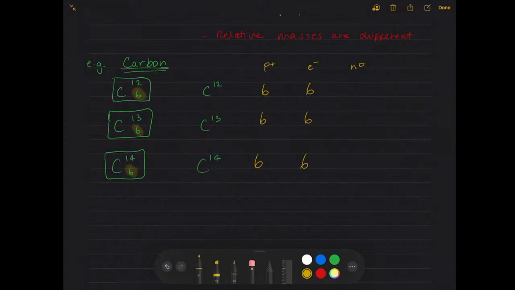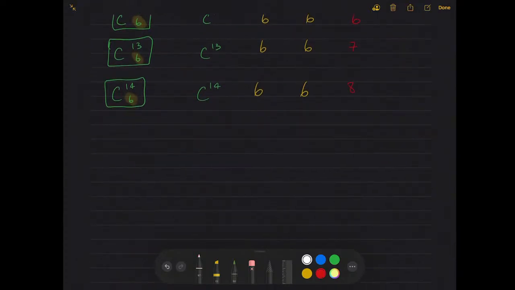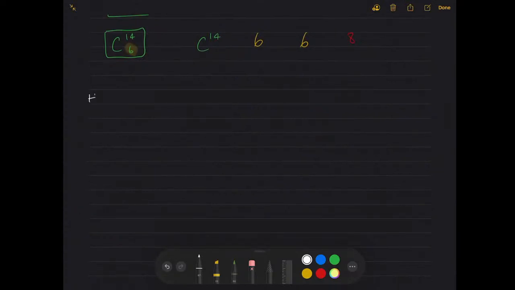But now where they differ is carbon 12 has only 6 neutrons, carbon 13 has 7, and carbon 14 has 8. Nothing groundbreaking again, but you do need to be able to work this out. Next example, hydrogen.